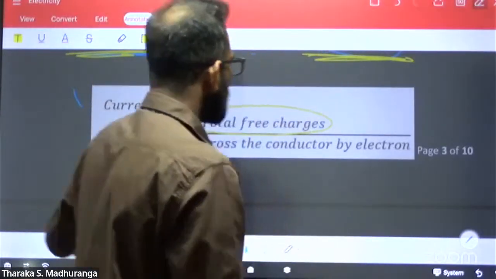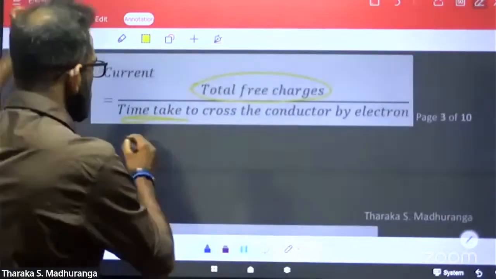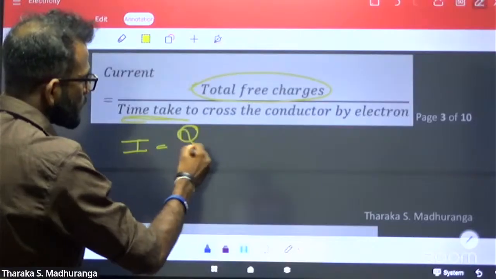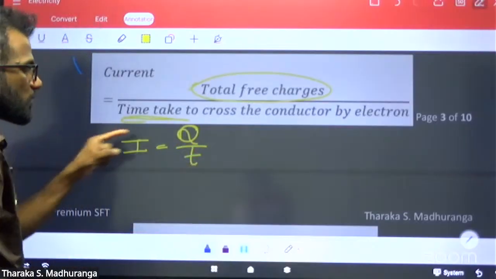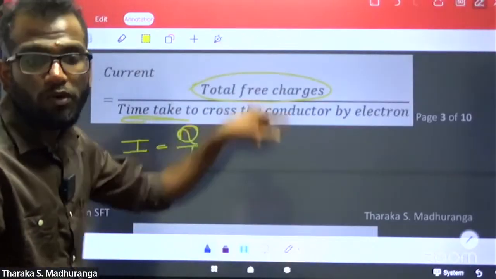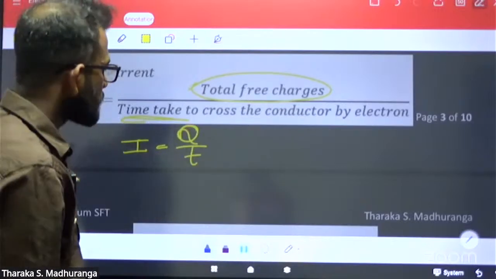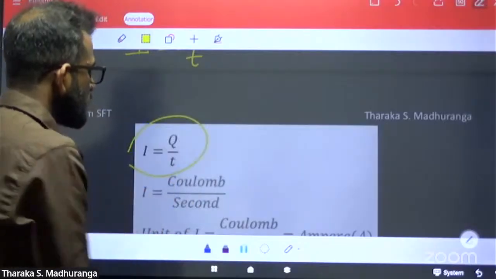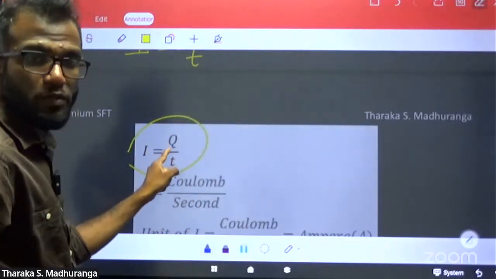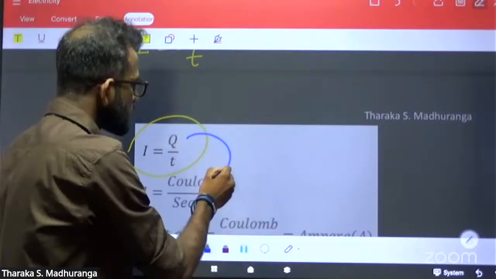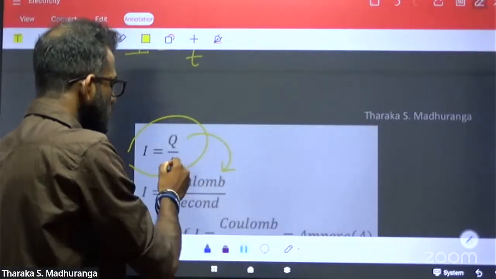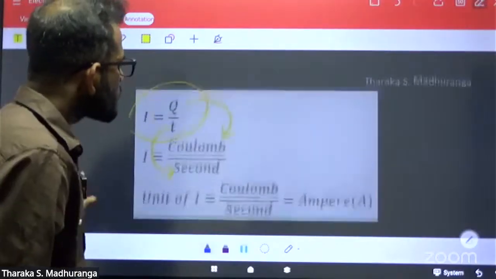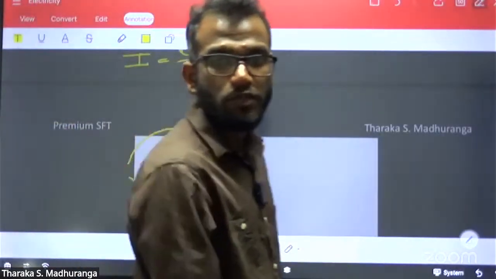In short form, I equals Q over T. Q means the total amount of charge. The Q unit is coulombs, and the time unit is seconds. Then what is the unit of current?